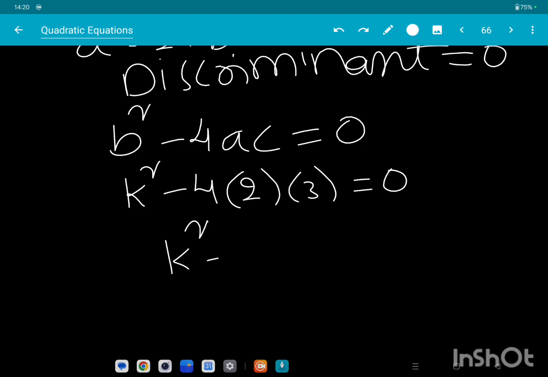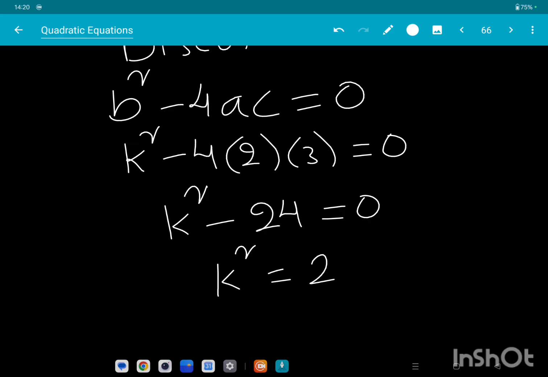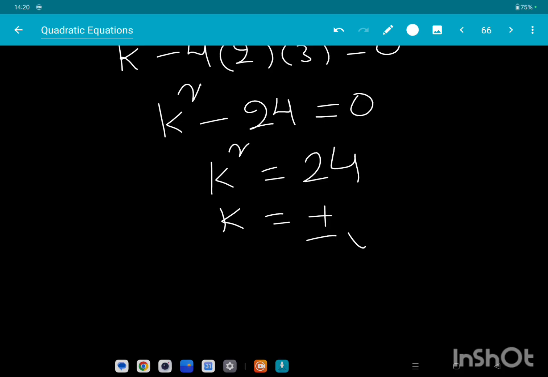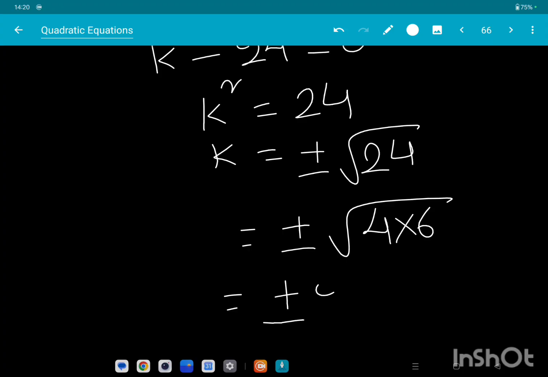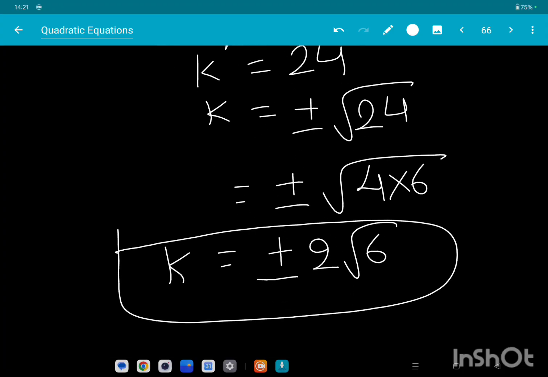Now k square minus 4 twos are 8, 8 threes are 24, is equals to 0. k square is equals to 24. k is equals to plus or minus root 24. Can I write it as 4 sixes are 24? Yes, I can. So I'll write it directly as plus or minus 2 root 6. So this is the k value: plus 2 root 6 and minus 2 root 6.